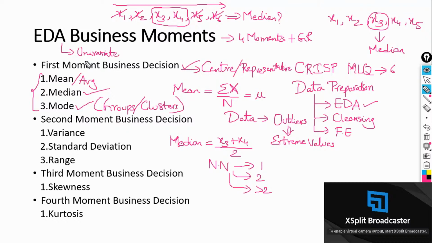Right? Can mode be calculated for numeric data? Is that possible, friends? Is it possible to calculate mode for numeric data as well, or not? Yes, we can calculate mode for numeric data also.